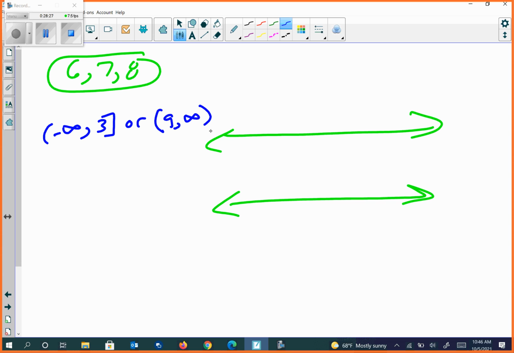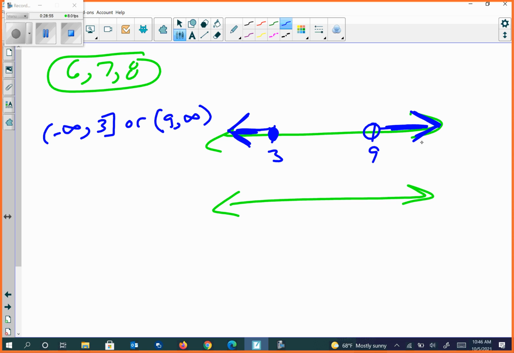So how are we going to graph that on one number line? You do the 3 and the 9. And then circle or color in the 3. 3 is a solid dot, going to the left. And then 9 is an open dot and going to the right. That's exactly right. Good job.